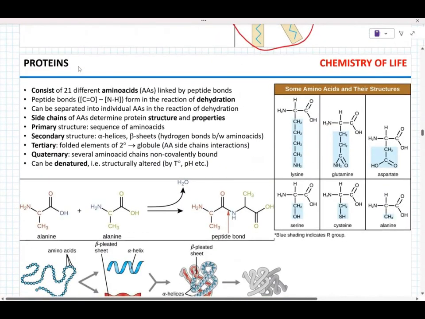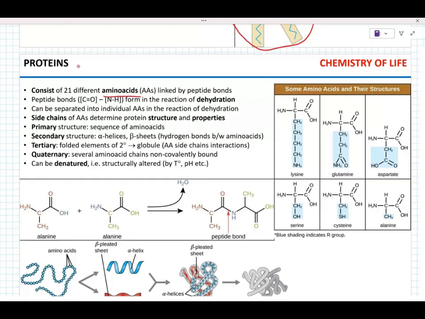Now let's get to the proteins. Functionally, proteins do stuff. 99% of cellular function is carried out by proteins. So the basic building block for proteins is an amino acid.